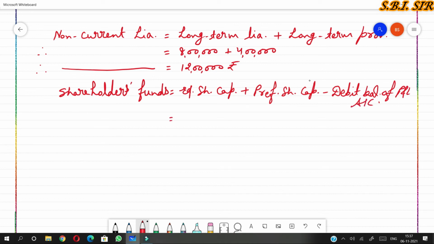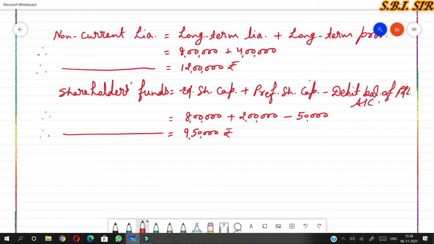Equity share capital's value is 8 lakh, preference share capital's value is 2 lakh minus 50,000 debit balance of P&L account. 8 lakh plus 2 lakh minus 50,000, we will get 9 lakh 50,000, and this value is shareholders funds.